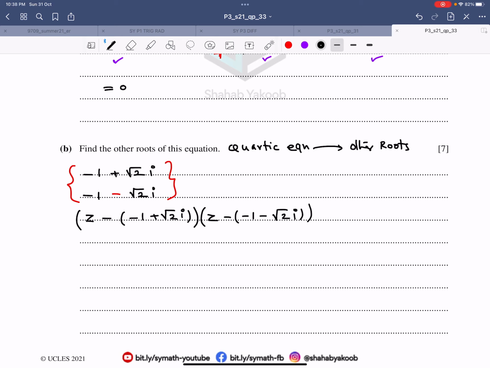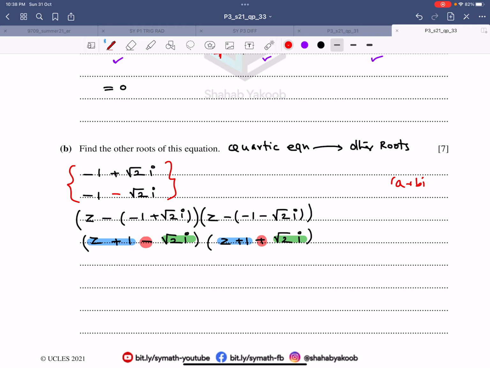I'm forming a quadratic. This is z plus 1 minus root 2i, and this is z plus 1 plus root 2i. So this is z plus 1, this is z plus 1, this is minus root 2i, this is positive root 2i. There is a minus sign, there is a plus sign. So this is like background knowledge.